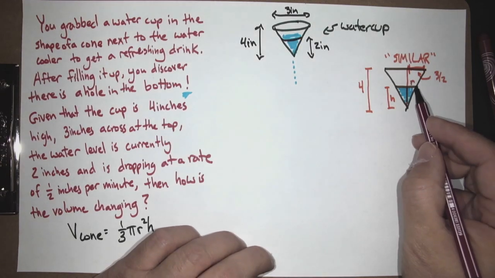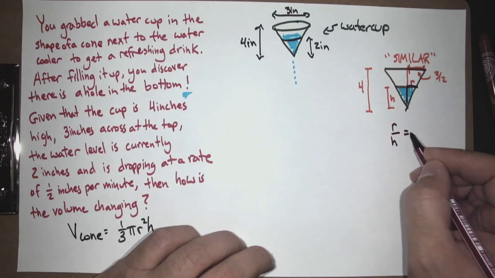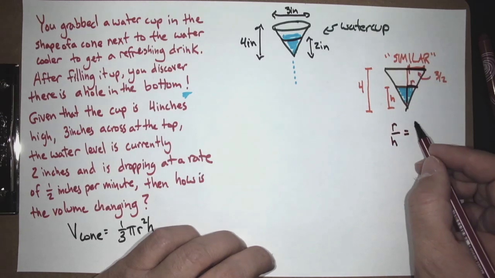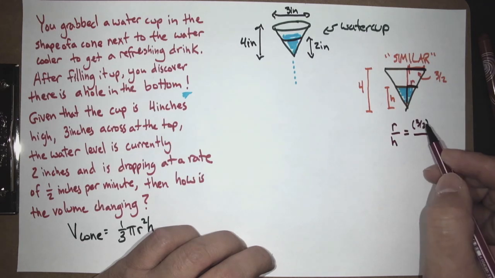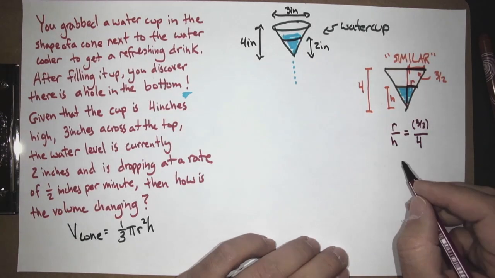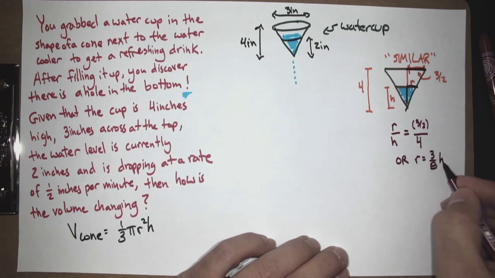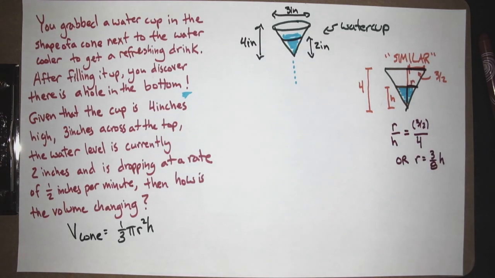So, for the small triangle, R is to H as, for the big triangle, 3/2 is to 4. Or, put another way, R equals 3/8 H. So we have a relationship between R and H. So they basically move together in a very predictable way.